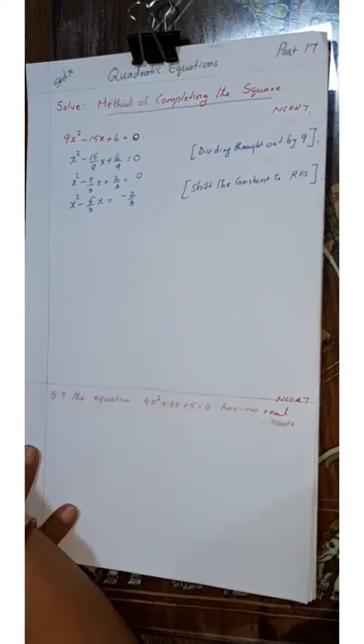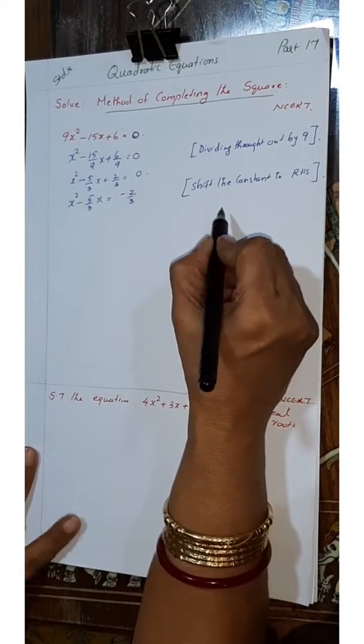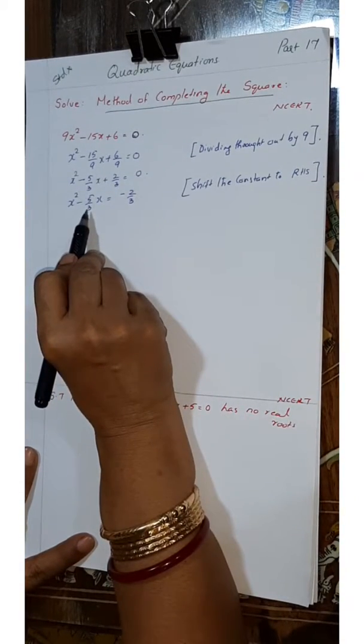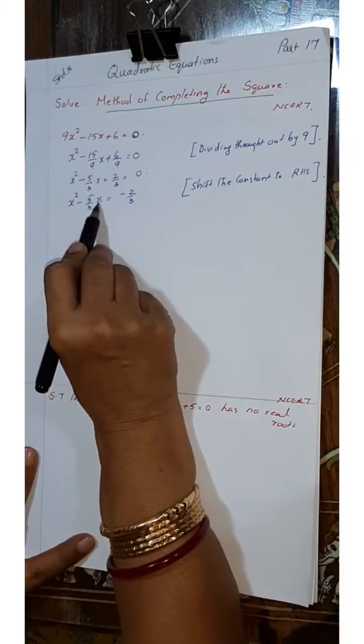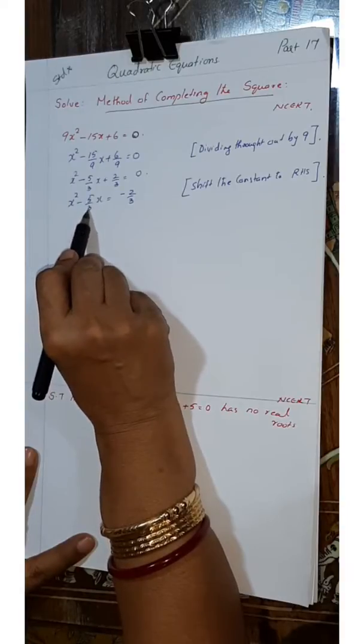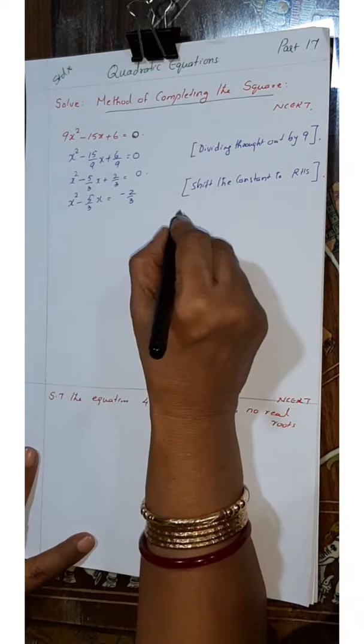Now the next step is adding: you take the coefficient of x and square it. Here the coefficient of x is 5 by 3, divided by 2 is 5 by 6, then square it.